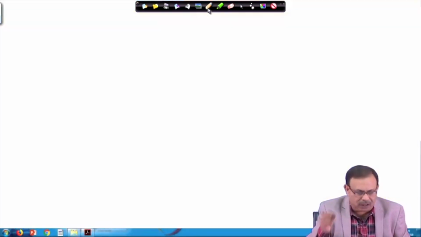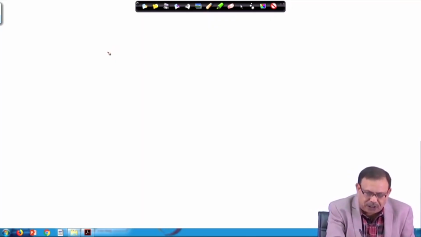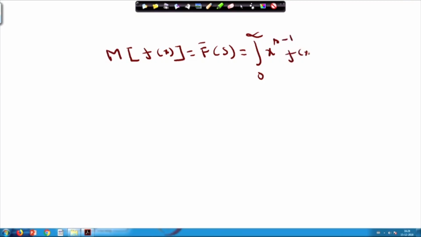So, again, the Mellin transform of f(x), which we denote as M of f(x), is equal to F bar(s), which is the integral from 0 to infinity of x to the power s minus 1 into f(x) dx. So, this is equation 1.